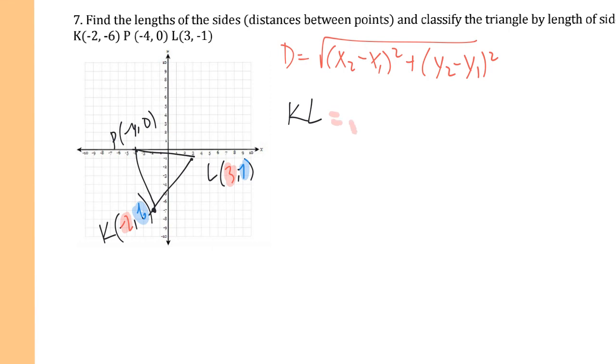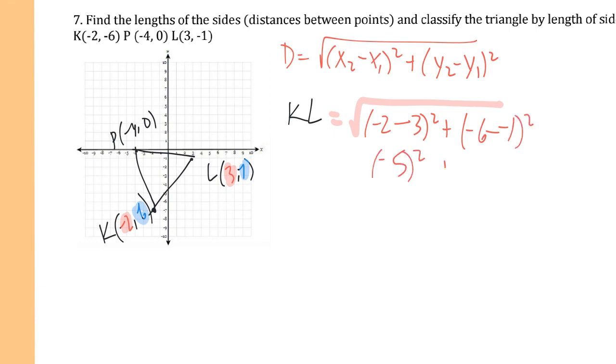So the difference between the 2 x's is -2 subtract 3, squared. The difference between the 2 y's is -6 subtract -1, and then squared. So that's -5 squared, and that's going to make a positive. So it's 25 plus 25.